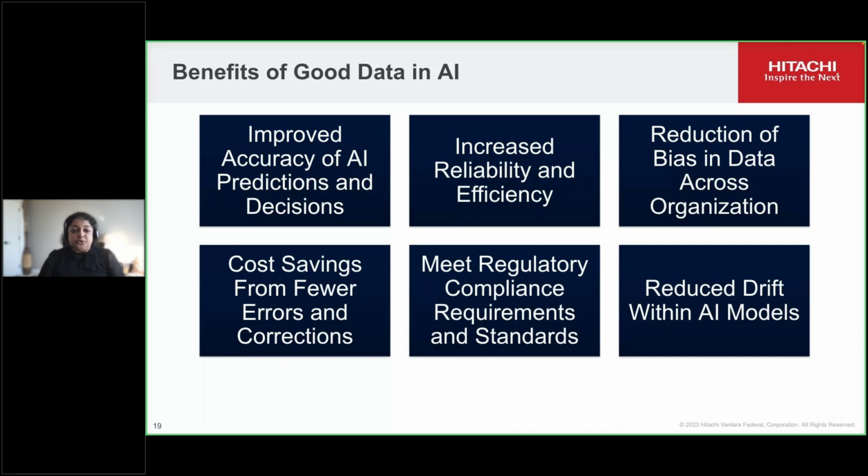You have better control due to this automation and orchestration, better control on the data quality, and that in turn gives you more efficiency in the process, you have fewer errors, and you're able to meet your regulatory compliance requirements while still taking advantage of the data and with reduced drift within your AI models. Next slide, please.